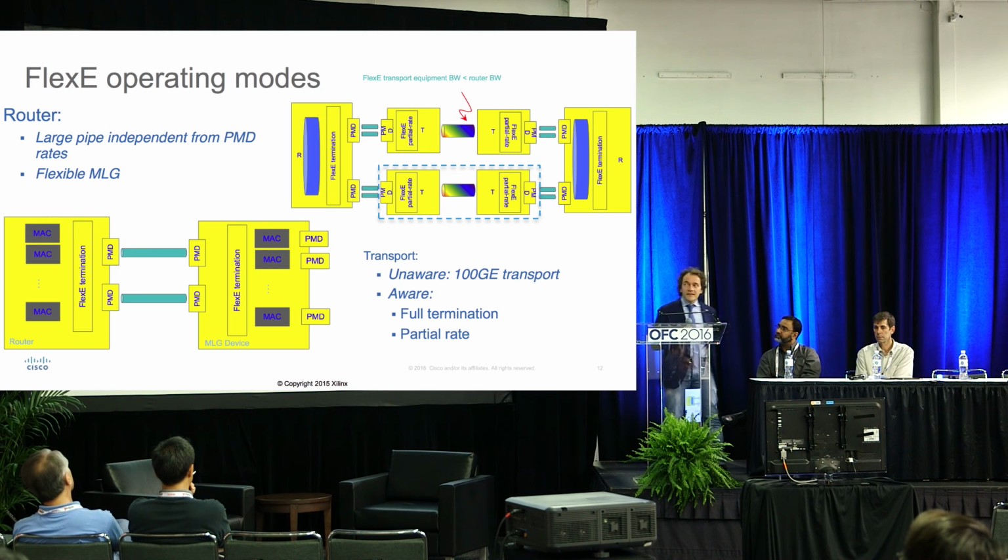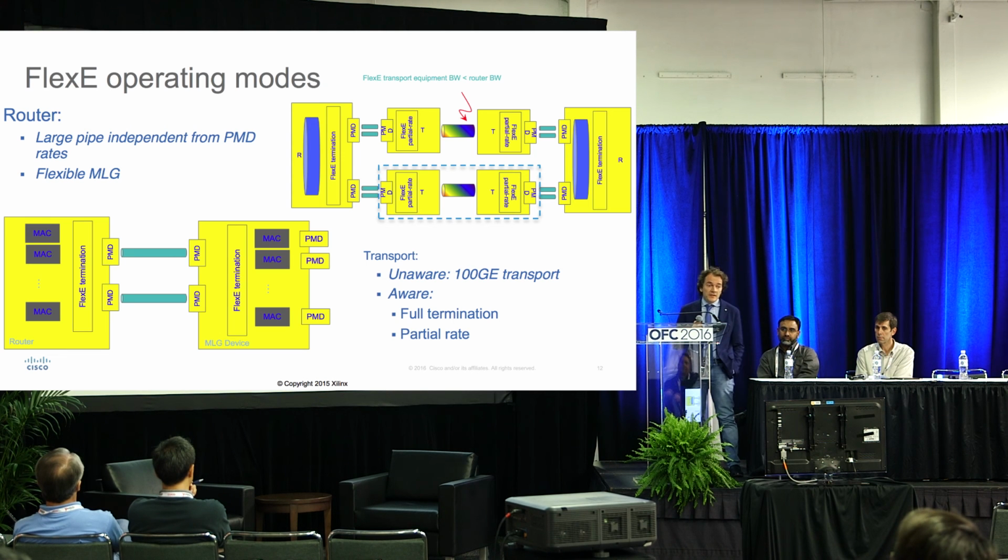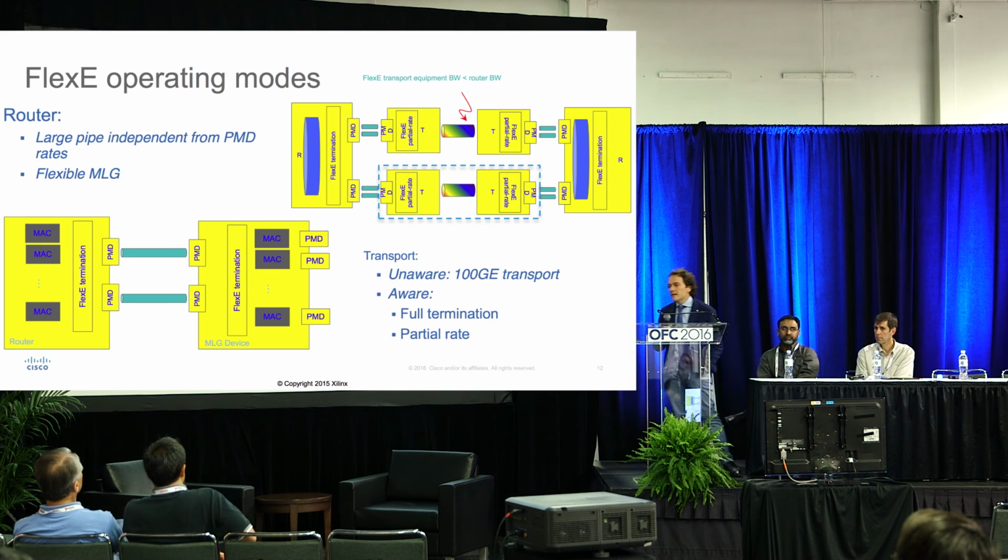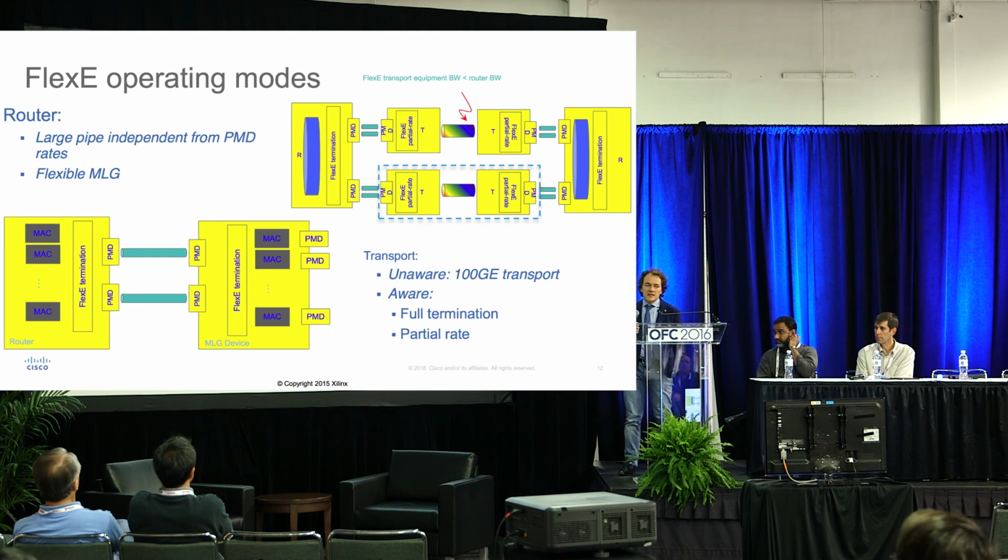Okay, let's go to the operating modes. I think I'm simply summarizing what I already said. On the router, we would expect to have a large pipe independent from the PMD. This means, said another way, the capacity, once a new MPU is available, to immediately use it to the maximum capacity without waiting for the definition of a new PMD. And said in another way, the channelization is the flexible MLG.